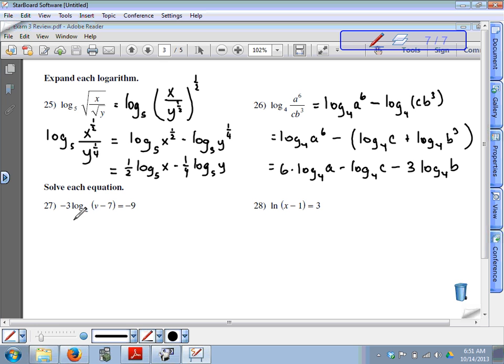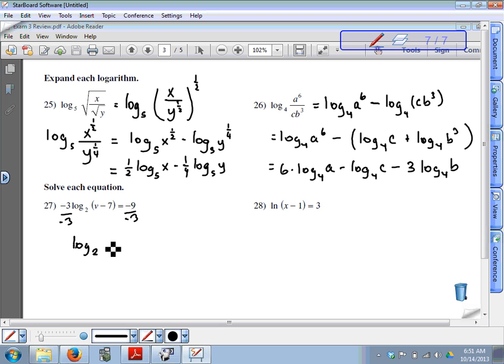Okay. Next section is solving logarithmic equations. The method is to isolate this logarithmic expression here so that you can use a base to get rid of the logarithm. So to isolate the logarithmic expression, we divide. The reason we're dividing is because the -3 is multiplying the logarithm, so we do the opposite.